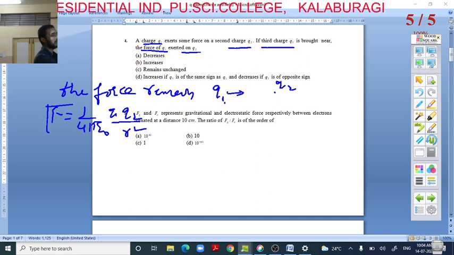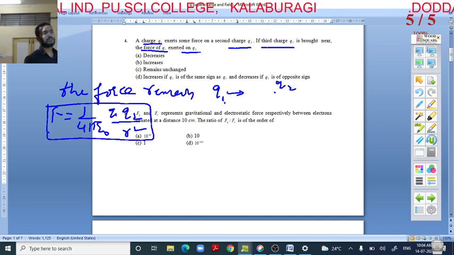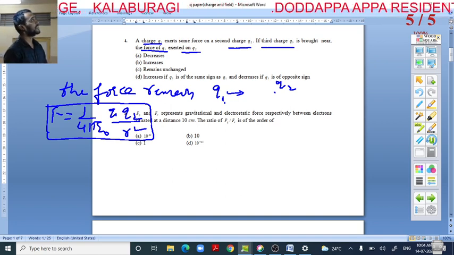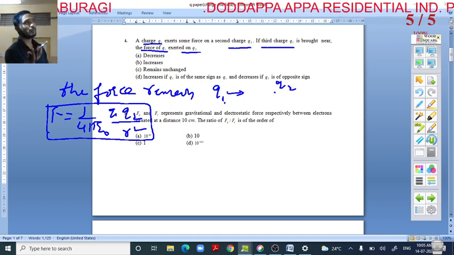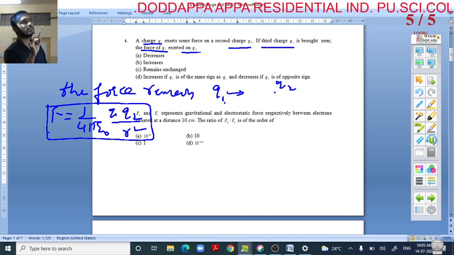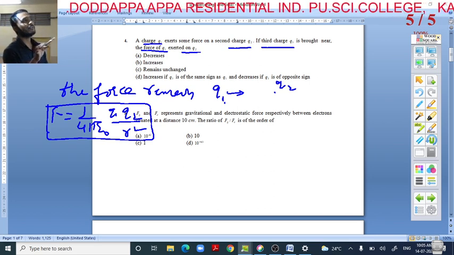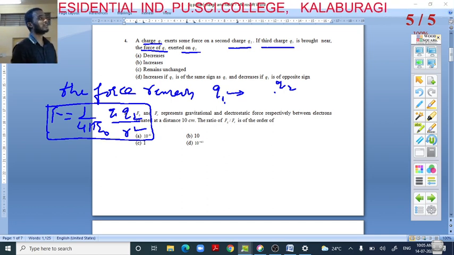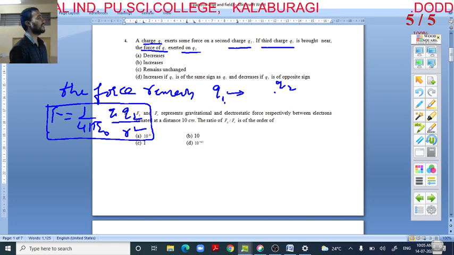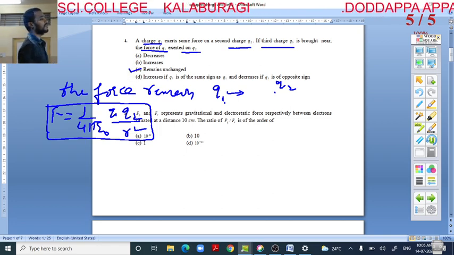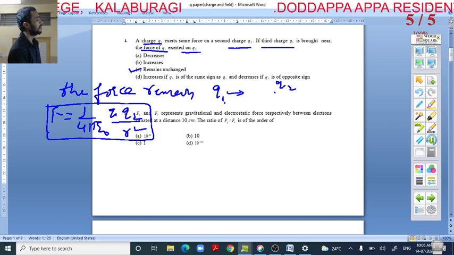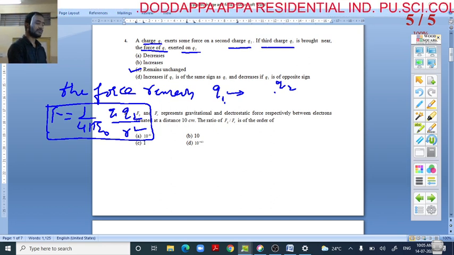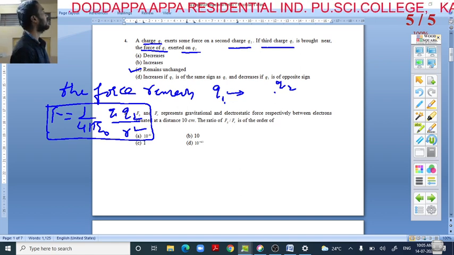Concentrate on what he has given: Q1 exerts a force on Q2, and if a third charge Q3 is brought near, the force of Q1 exerted on Q2, then the force remains unchanged. Force remains unchanged. It is 1 by 4 pi epsilon naught Q1 Q2 divided by R square. Right? Okay.